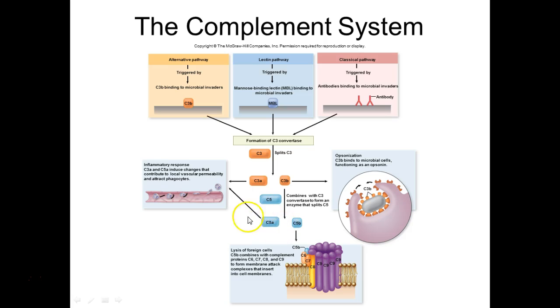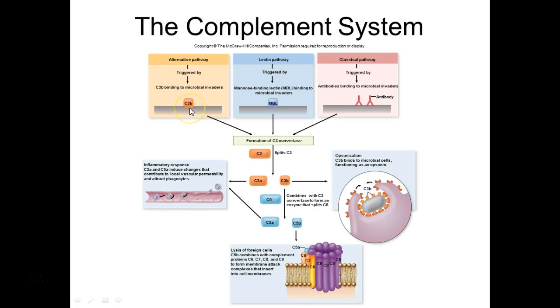One of the major byproducts is C5a, which also helps in this inflammatory response. It's going to call the neutrophils to the area. We're skipping a lot of steps in here, okay? The other thing that can happen is the formation of the MAC complex, the membrane attack complex. If they're foreign cells with an exposed membrane, it's going to insert in and lyse them.